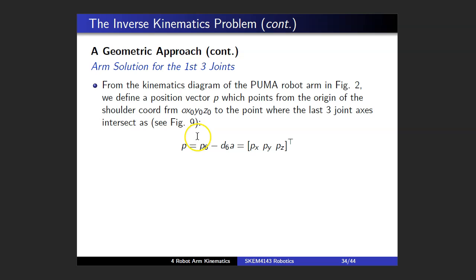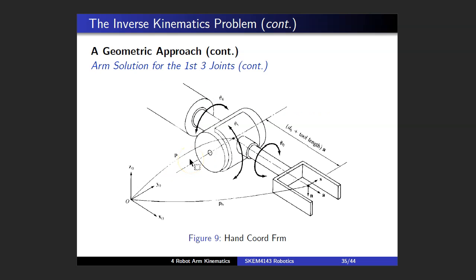We have to define a new position vector called P, where P equals P6 minus D6 multiplied by A. So where is P? Once again, if you cross-check with figure 2 of our PUMA 560 robot arm, this is joint number 4, this is joint number 5, and this is joint number 6.